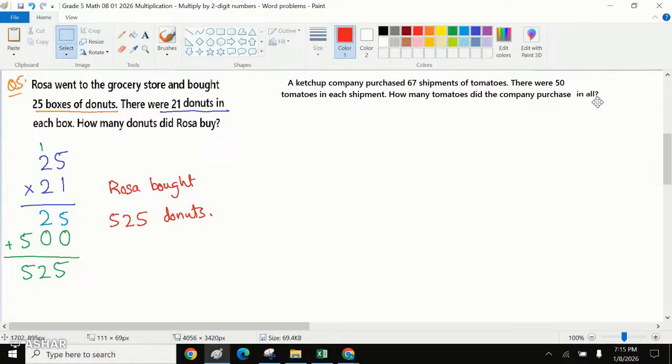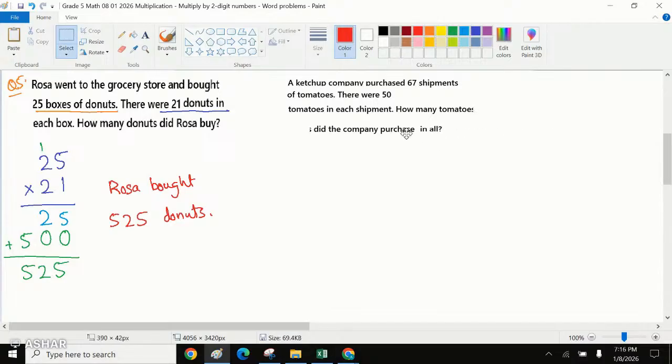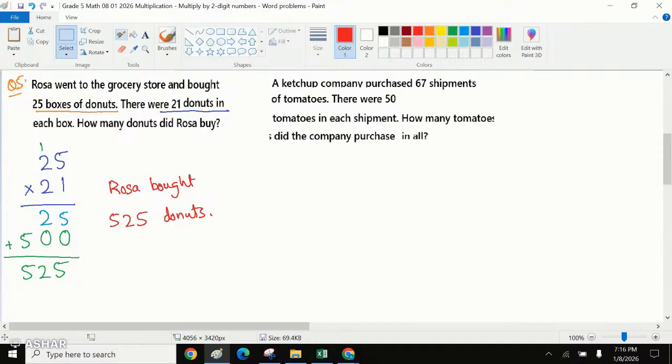So now we can say that question number 6 states that a ketchup company purchased 67 shipments of tomatoes.